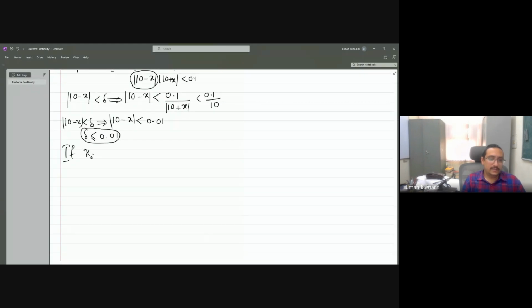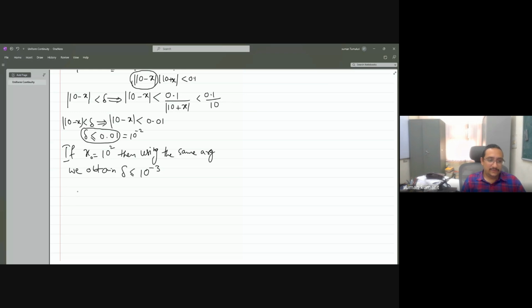If x naught is 10 square, this is 10 power minus 2. Then using the same arguments, we obtain this delta has to be less than or equal to 10 power minus 3.